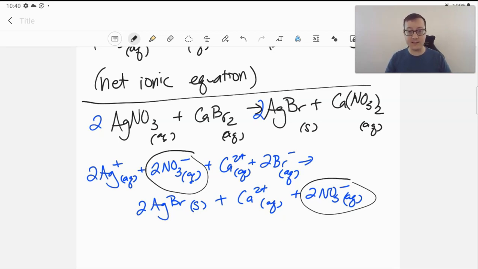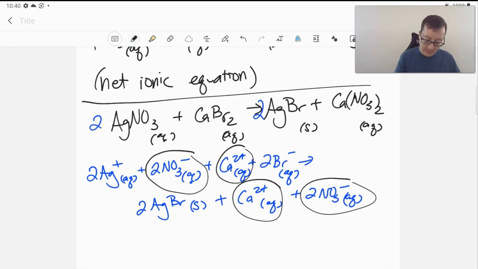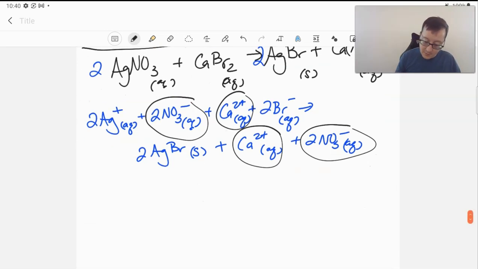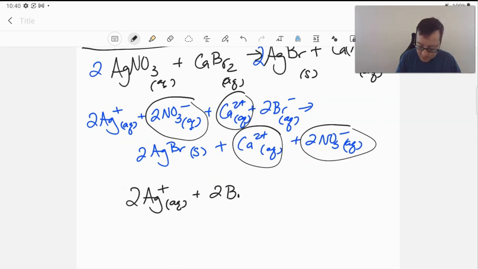Let's check our next one. Calcium 2 plus aqueous. Yes, indeed, we do have that on both sides. And then 2 bromide ions. We do not have 2 bromide ions on the right side, or rather the product side. So we have circled our spectators. The calcium and the nitrate are spectators here. So overall what's happening here is silver ions and bromide ions are combining to make silver bromide.